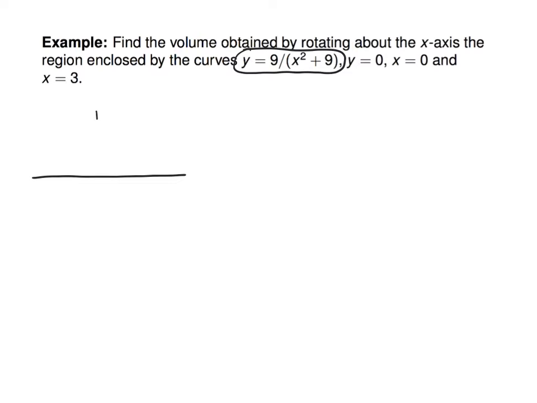When you plug in 1, you get 9 over 10, which is less than 1, right? So you get a point down here. Do you agree that as the x's get big, this thing's going to go to 0? Do you buy that? So it's going to do this kind of business down to 0. And it does the same thing on that side, because it's an even function.